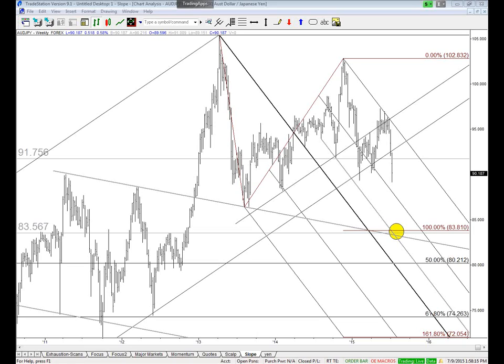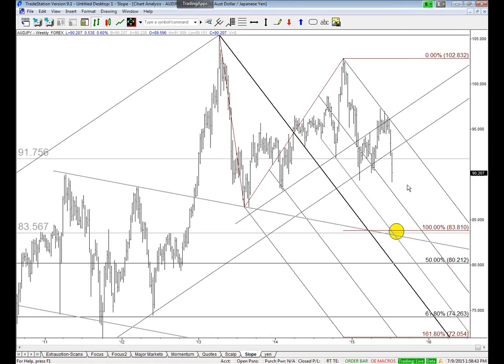So that alone tells you one thing more than just horizontal support resistance does. If you are looking at a slope and it's very steep, it tells you maybe that the trend is extremely sharp. If it's relatively flat, it tells you that it's not.